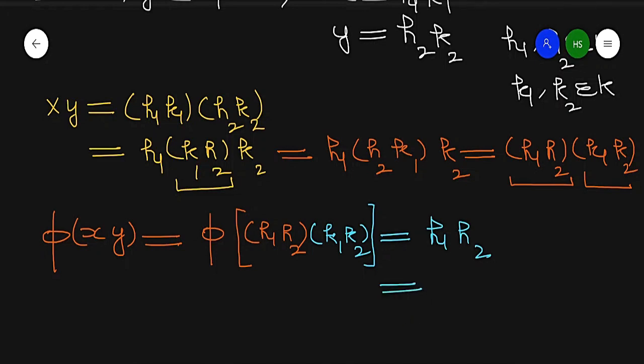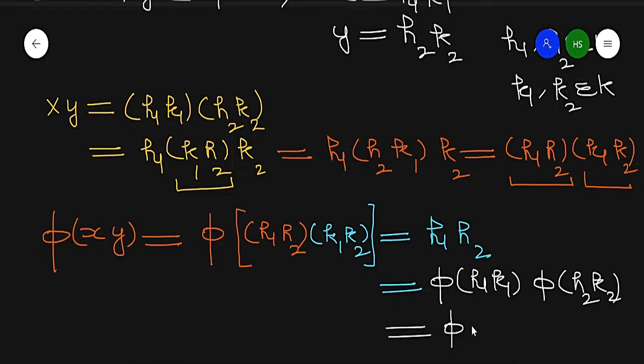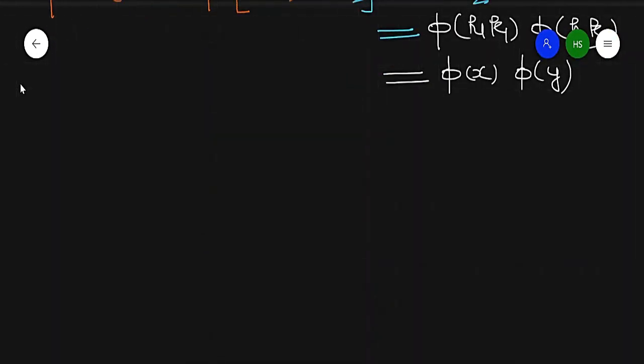Now substitute the value of h. So this is phi of h1 k1 and here it is phi of h2 k2. So here it is phi of x, here it is phi of y. So it proves the homomorphism. So this phi mapping from G to H is a homomorphism.